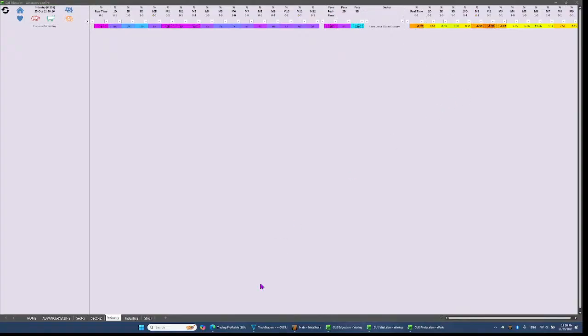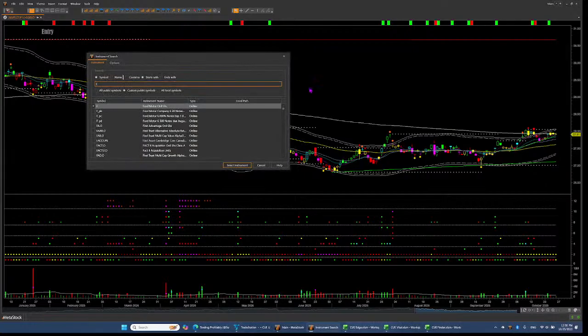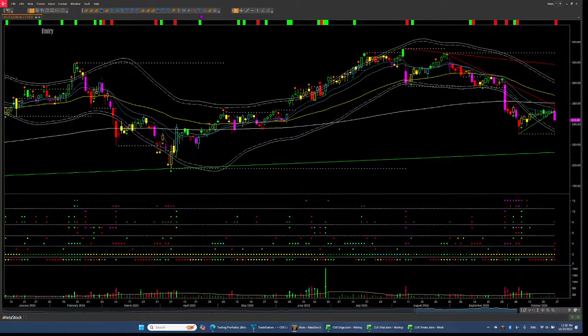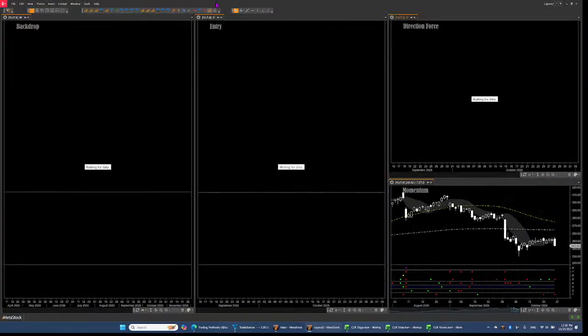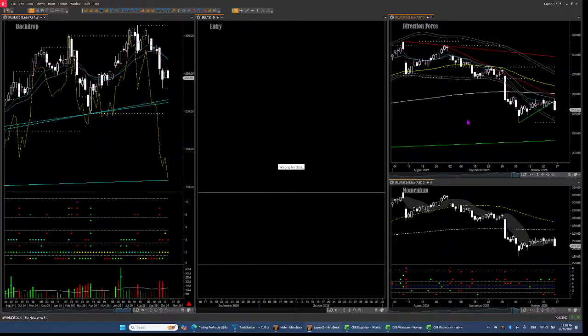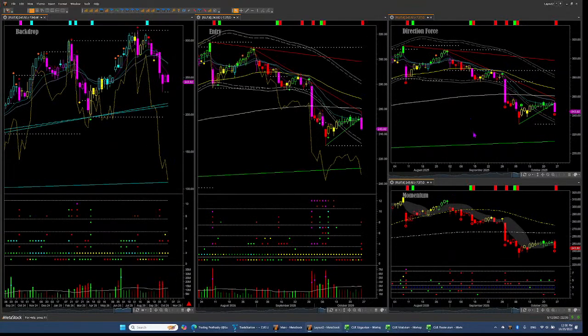Now let's look at the stock's technicals. Let's use this beautiful multi-chart layout.